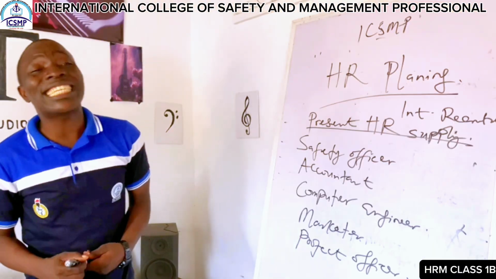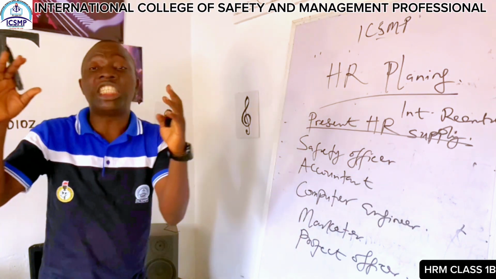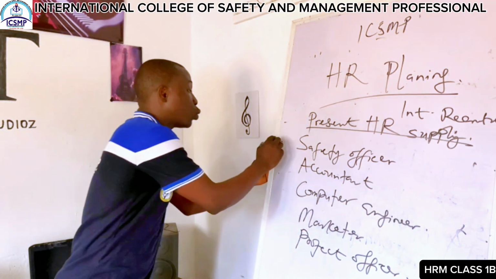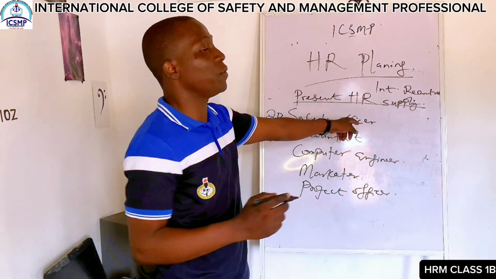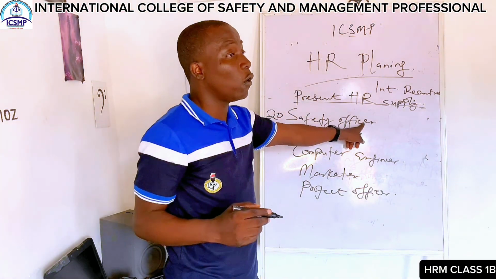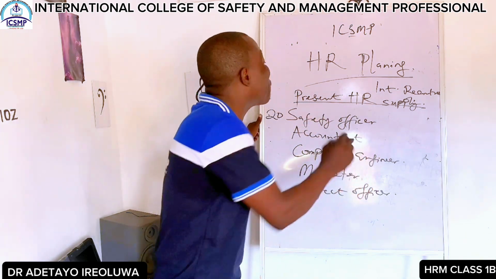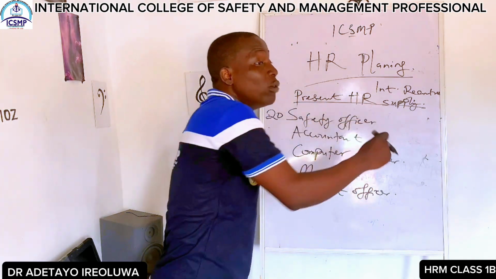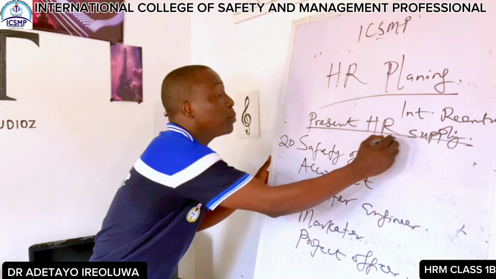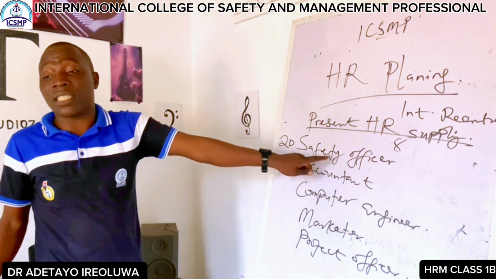Now, the present HR supply means that, okay, if initially what you are looking for is 20 safety officers, you wanted to recruit 20 safety officers before, but now when you carry out your present HR supply, you discover that there are about 8 persons within the organization with safety certification.